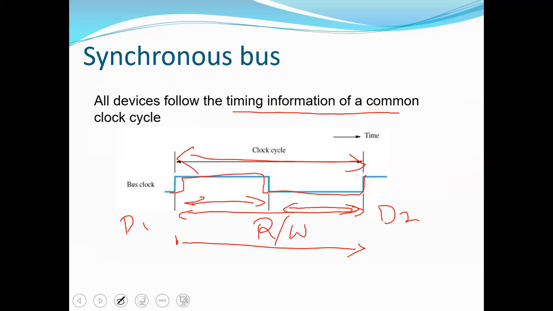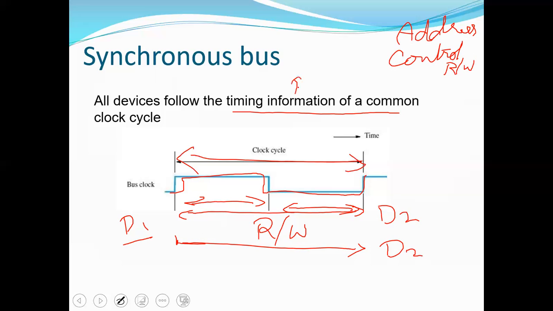So as you know, the processor, suppose the processor should send the address of the device D2 whom it should contact. Okay, the processor should send the address. The processor should send the control signal, that is a read or write operation, what has to happen.